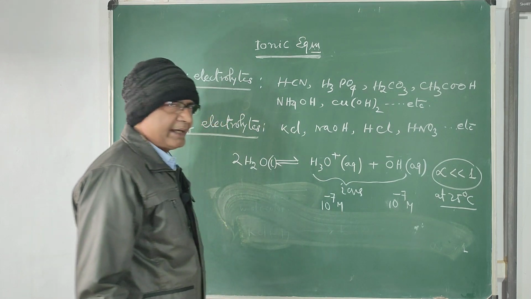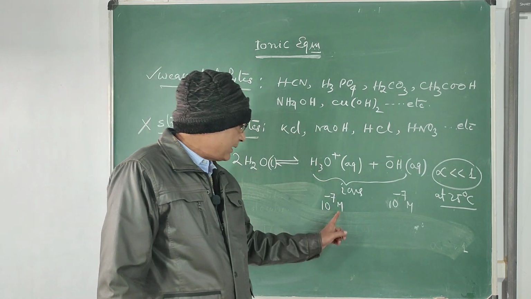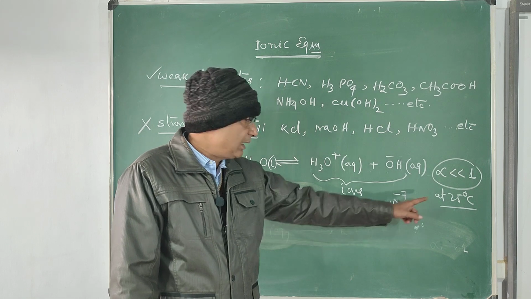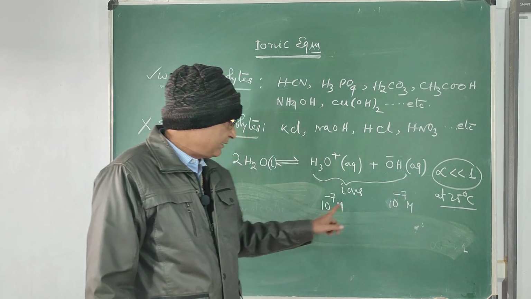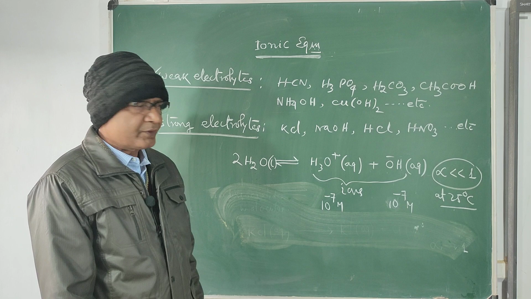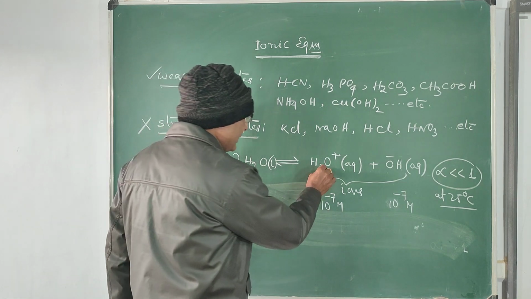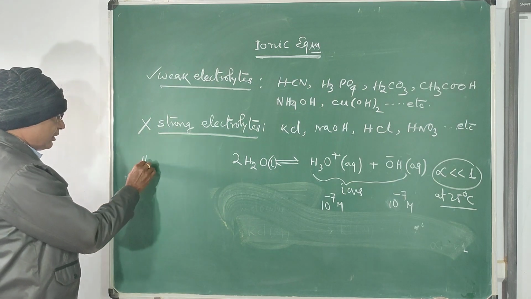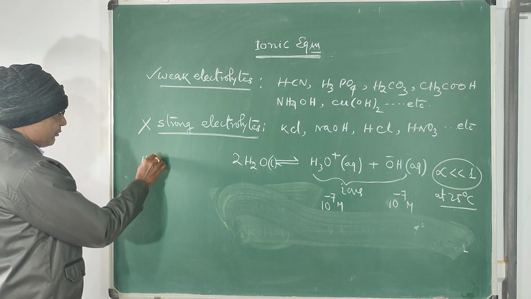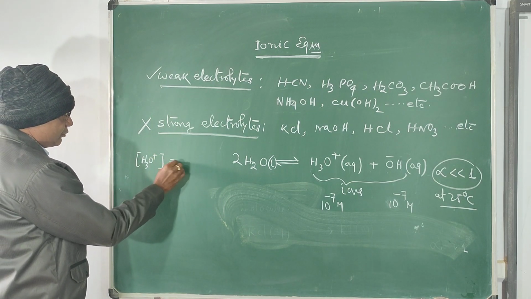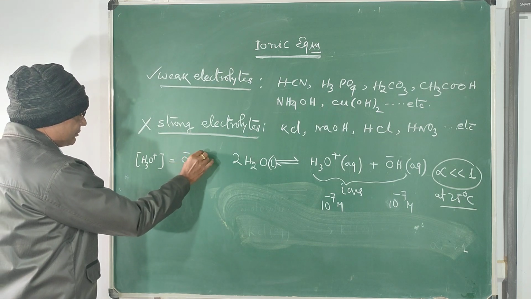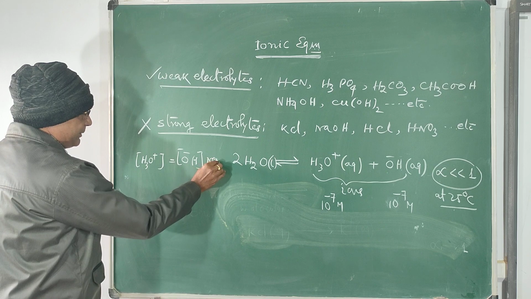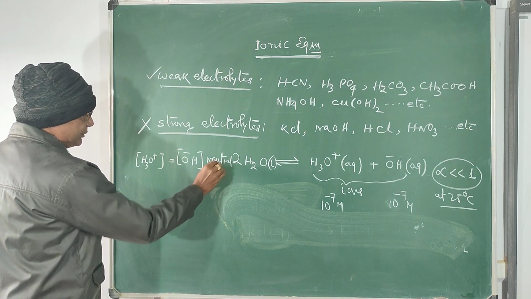So in case of water, the hydronium ion and hydroxyl ion concentrations are equal at 25 degrees centigrade. Therefore, the hydronium ion concentration equals the hydroxyl ion concentration. These concentrations are equal, so the solution will behave like a neutral solution.